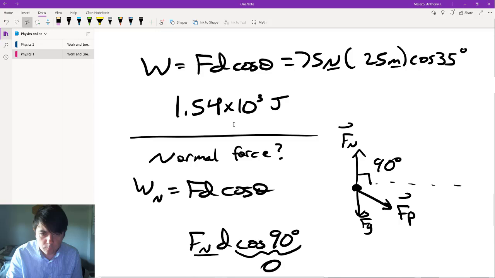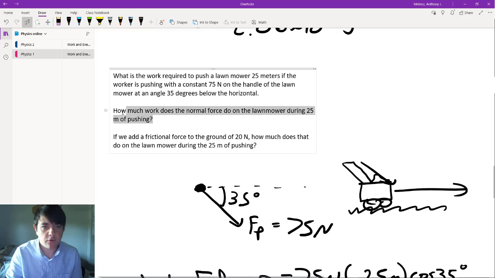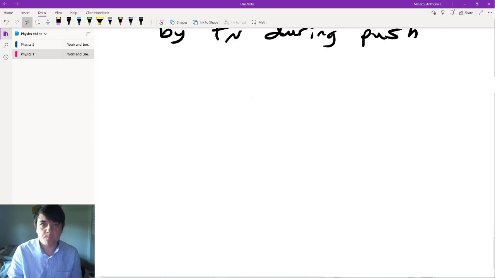So, where am I at? Right. We need to do the next part. Okay, so we did the normal force. How much work does it do on the lawnmower? Nothing. So now let's talk about the frictional force. If we add a frictional force to the ground of 20 newtons, how much work does that do?